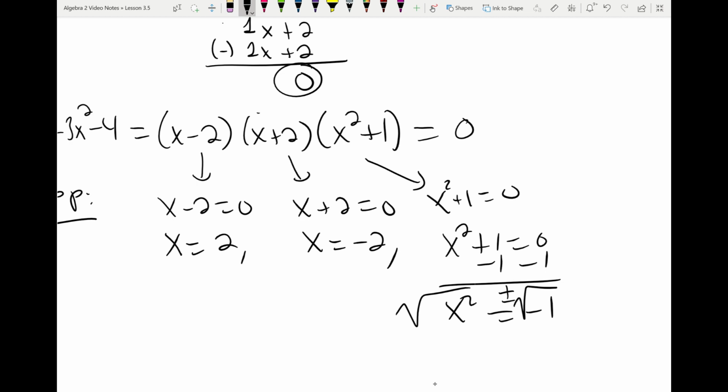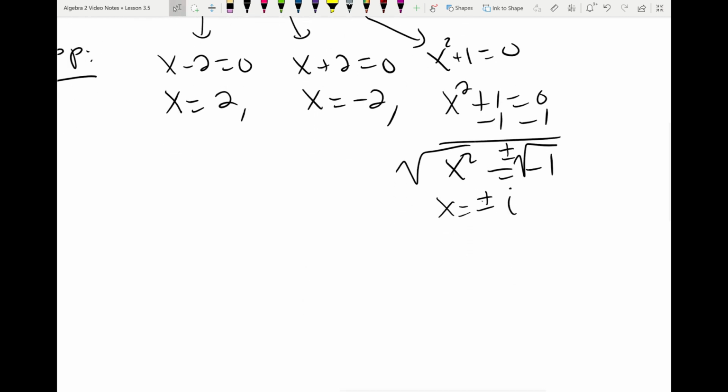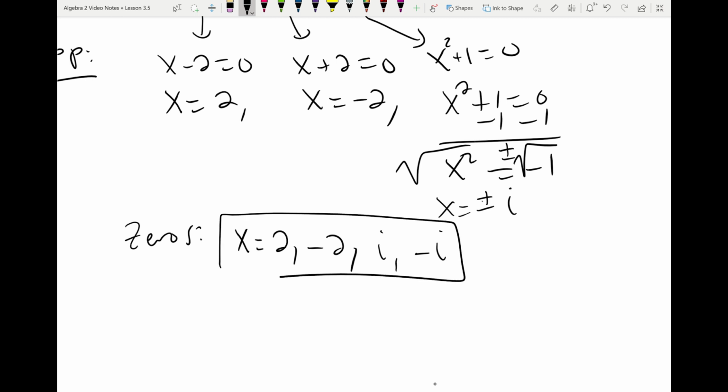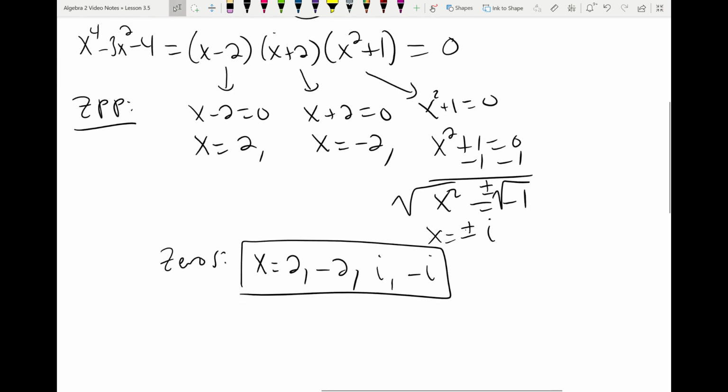Don't forget the plus or minus. And the square root of negative 1 is i. So this is going to be plus or minus i. So all of our zeros turn out to be 2, negative 2, i, and negative i. And that's our guy.